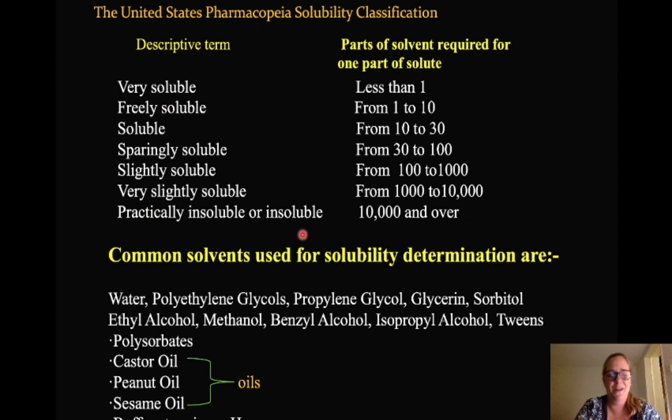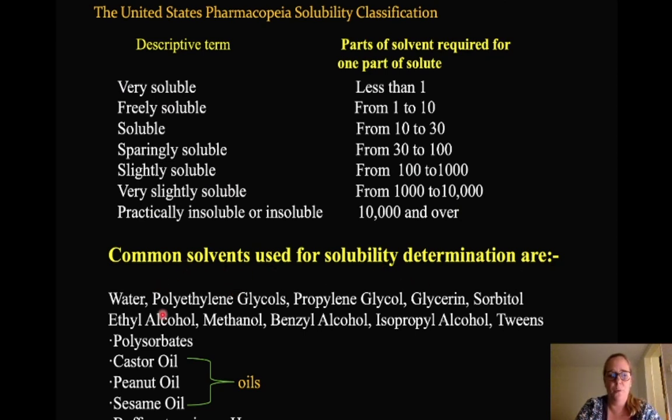This is a very, very random way of describing things like this. But then parts of solvent required for one part of solute, from less than 1, so a numeric value is more appropriate, I think, up to 10,000 and over. There are common solvents that are used for solubility determination.